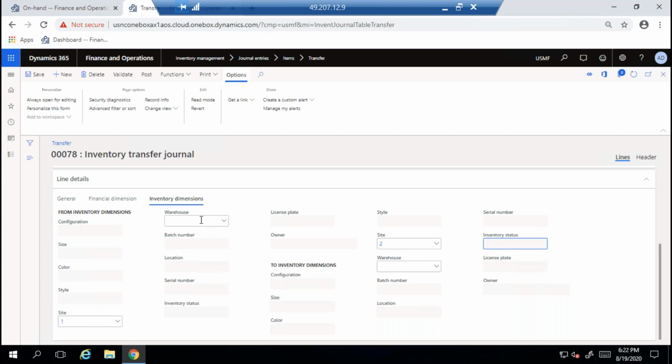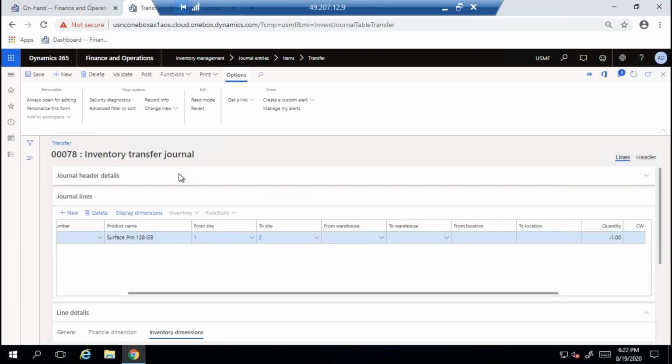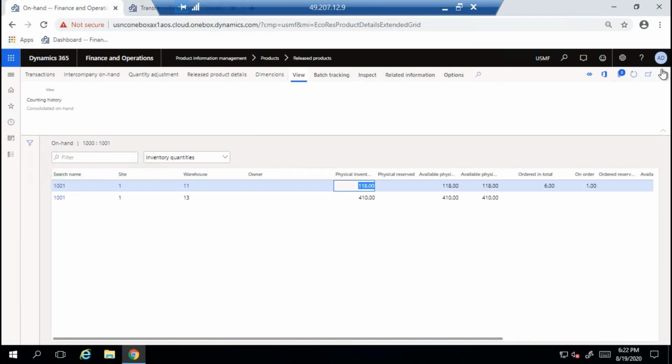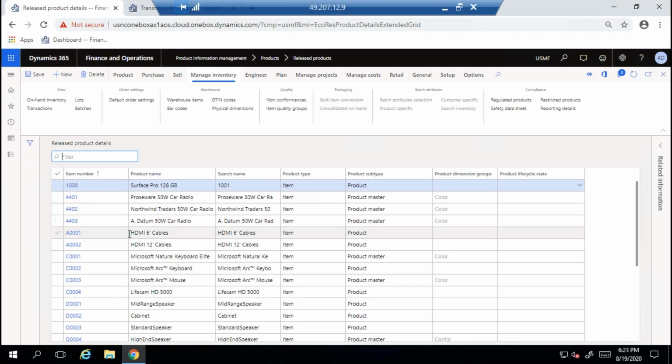As of now, only site and warehouse are enabled for this item. I will try to give another example so that you can imagine. Give me 1 second. Let me check an item having other characteristics, that means inventory dimensions. Let me take 4401.